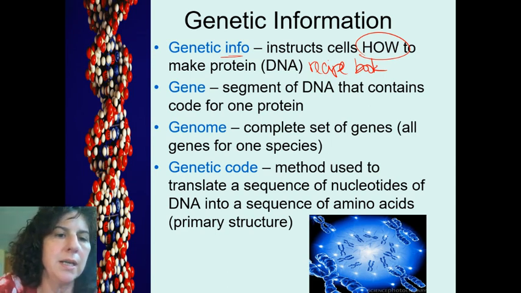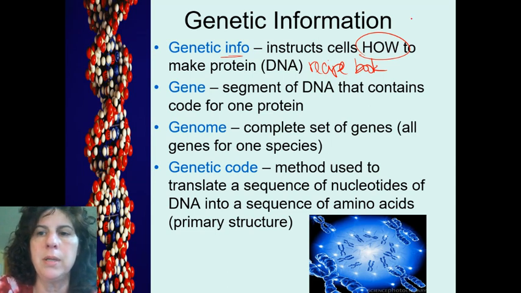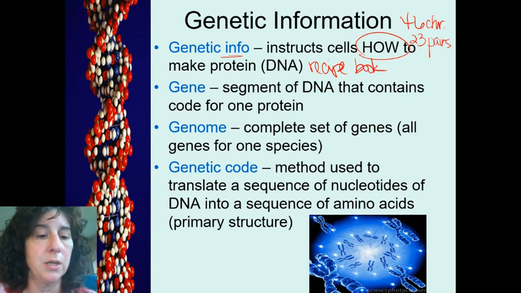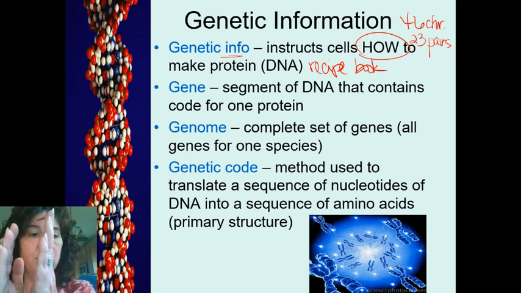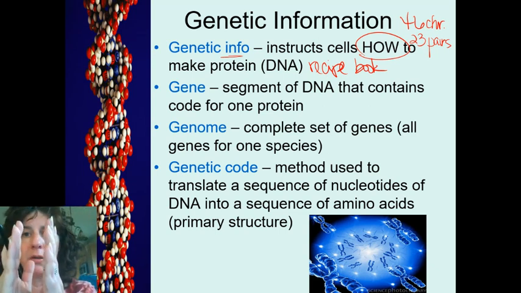Then we can divide it down. As a human being, we have 46 chromosomes, okay? If you want to look at it this way, we have 23 pairs. And we have these chromosomes in pairs because you get one copy of each chromosome from each parent, and they're exactly alike.